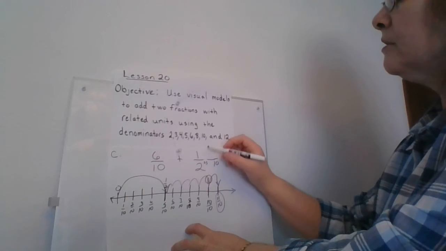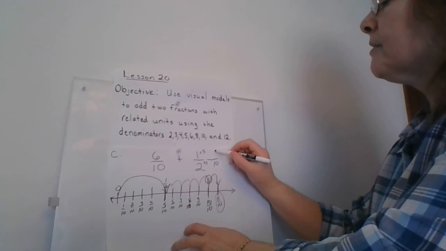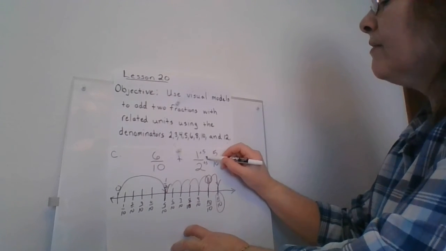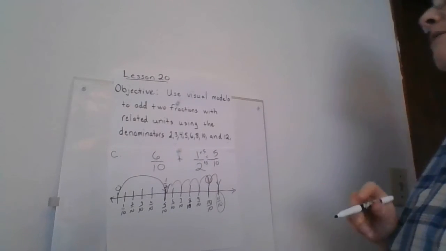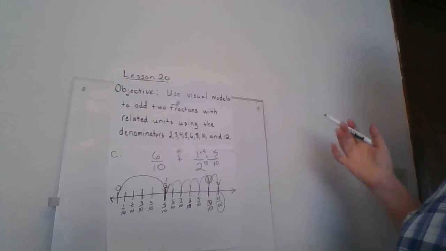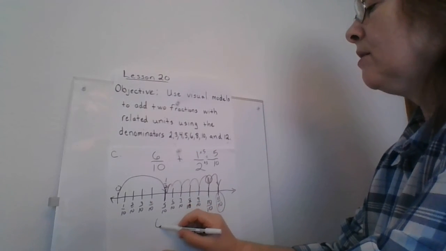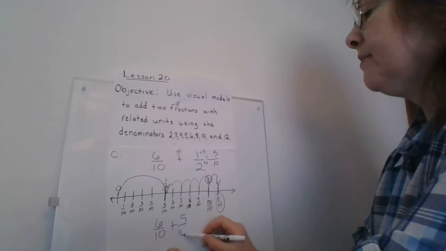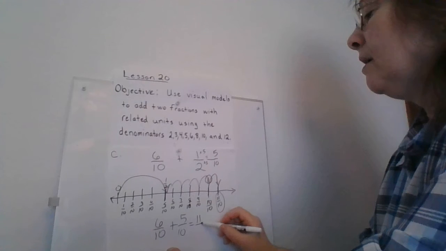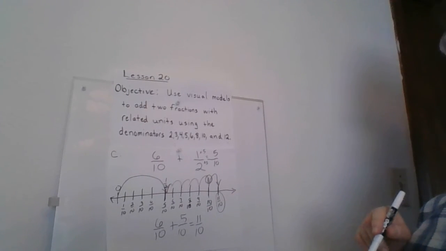And whatever you do to the denominator, you have to do to the numerator. So 1 times 5 is 5. I just changed 1/2 into 5/10. Now that the denominators are the same, I can go ahead and add 6/10 plus 5/10, and that gives me 11/10, which is what I showed on the number line.